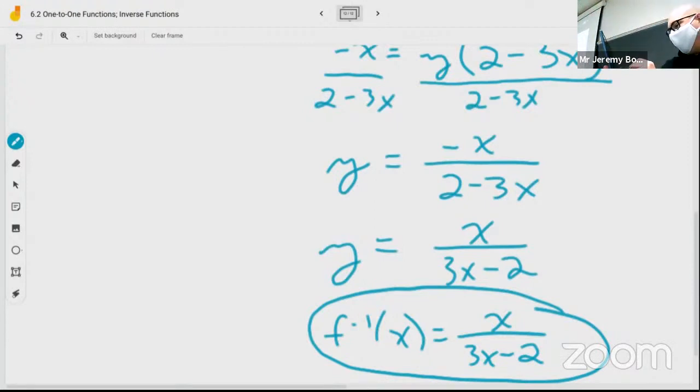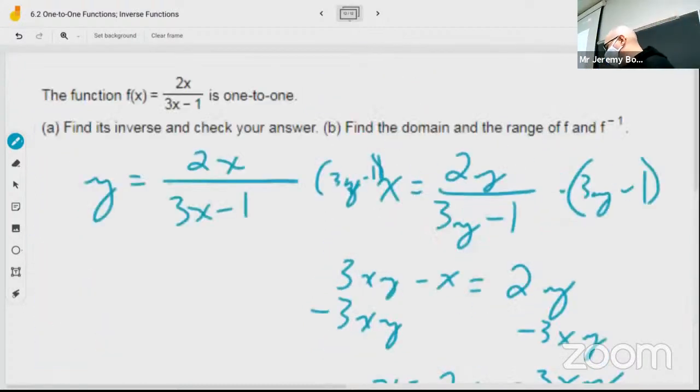All right, so let's talk domain and range. So domain of f, range of f, domain of f inverse, range of f inverse. So what's the domain of f? Yep. We can do it real quick. 3x minus 1 cannot equal 0. Add 1, so 3x cannot equal 1.